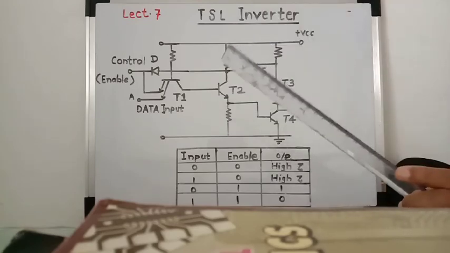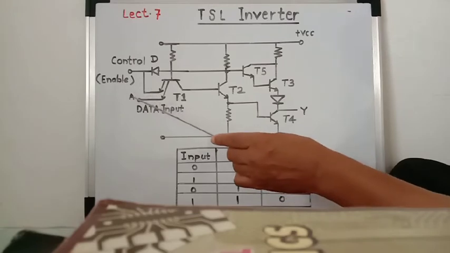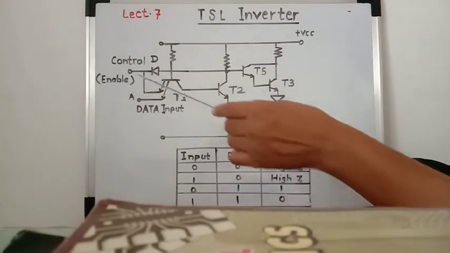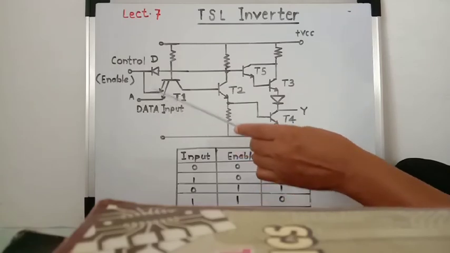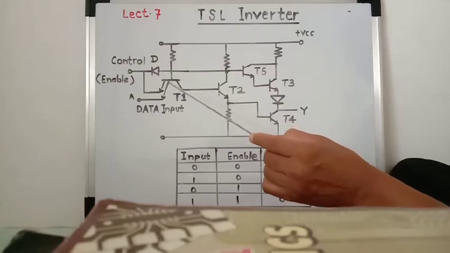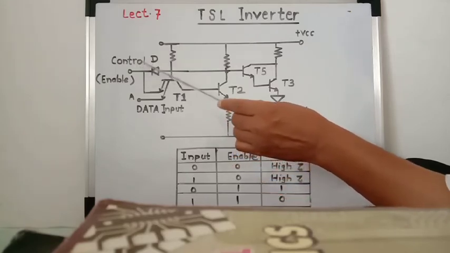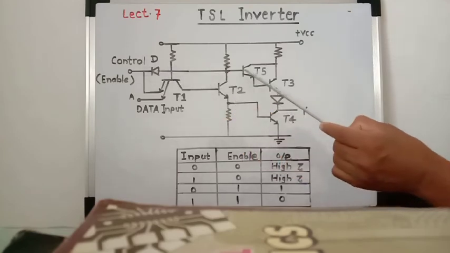Now see here, when data input is high and enable is low, transistor T1 is cut off and diode D is forward biased. Therefore transistor T5 is cut off.